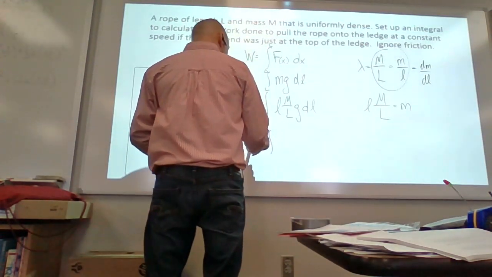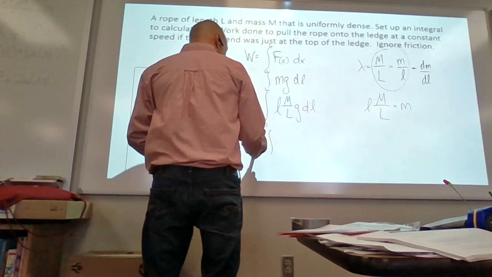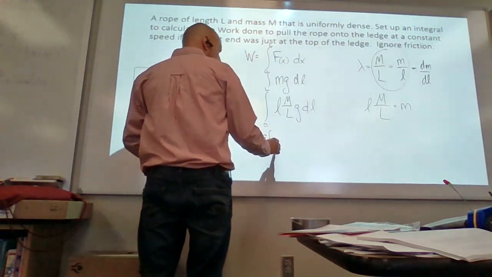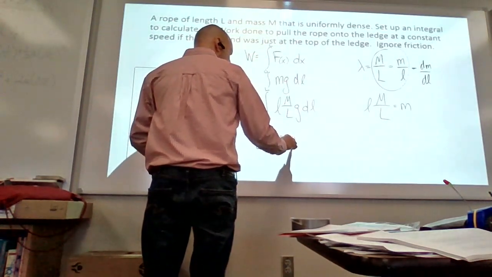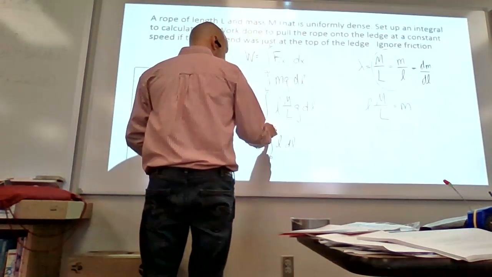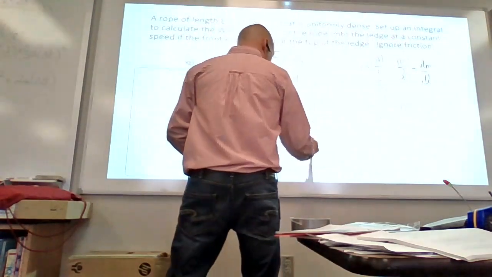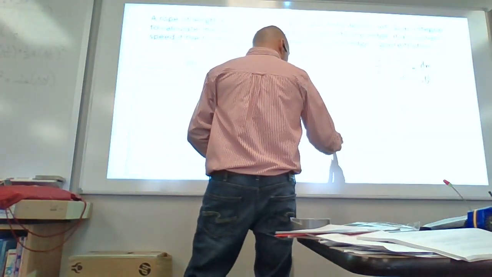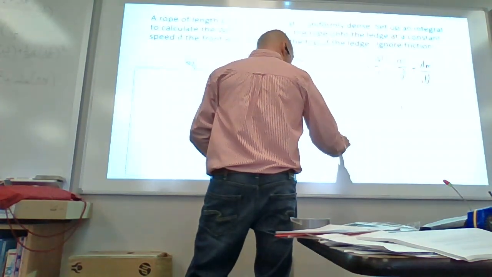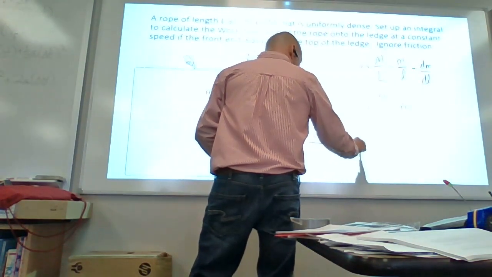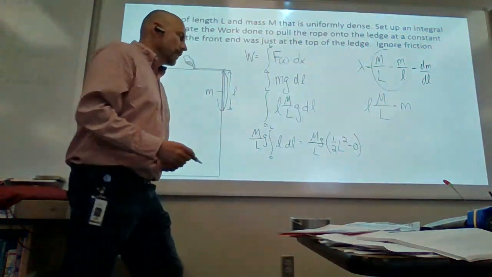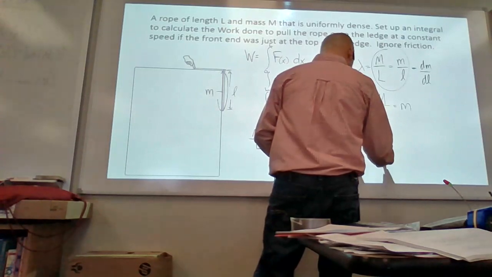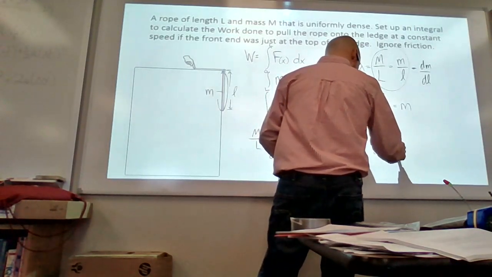So I'm going to bring out everything that's constant. I've got a constant total mass, constant total length, a constant acceleration of gravity. I'm integrating l dl from 0 to capital L and find that to be 1/2 L squared minus 0, which is 1/2 mgL.